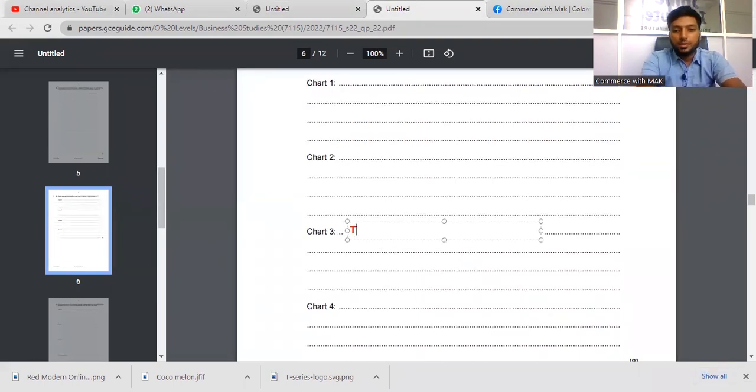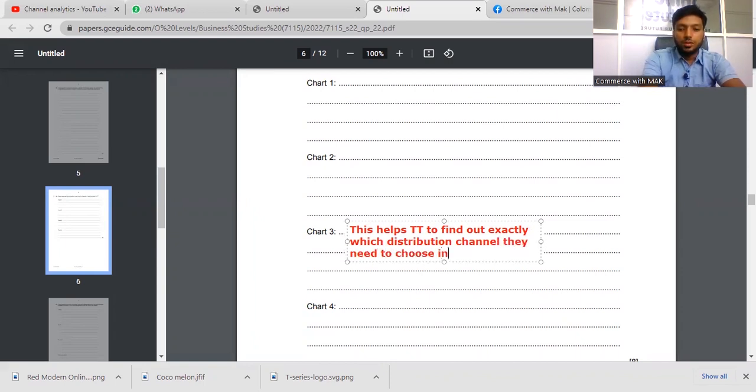This helps TT find out exactly which customer, which distribution channel they need to choose in selling the product. The best distribution network will be what, guys?